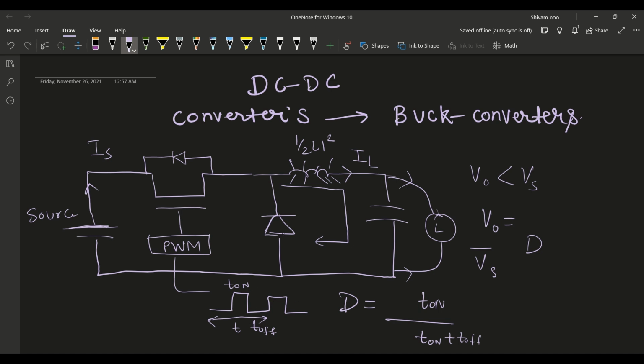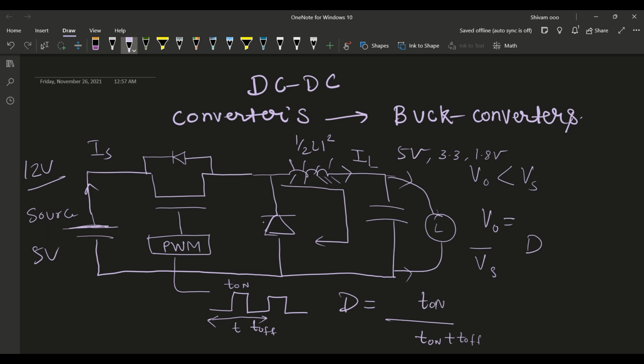Okay, so let's go and I'll show you how it's used in a practical application. If we have 12 volts in our circuit design or hardware design, we can convert this 12 volts to, say, 5 volts, or 3.3 volts, or 1.8 volts, whatever my system needs.